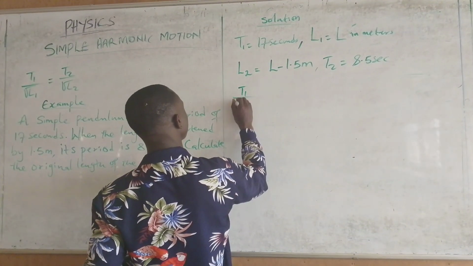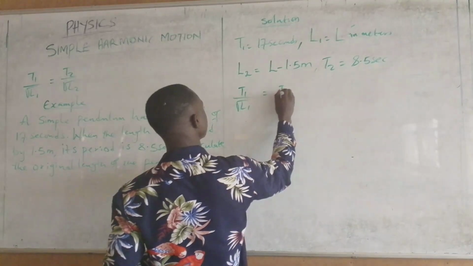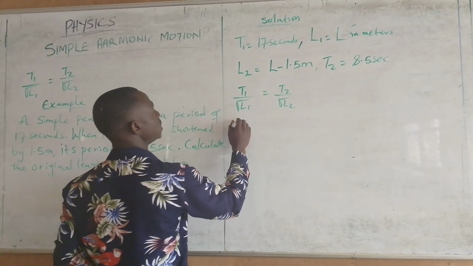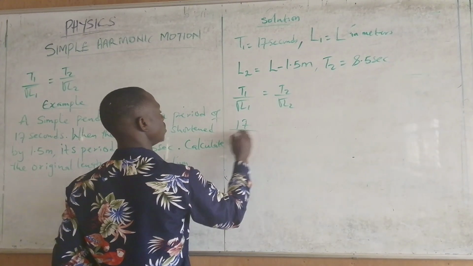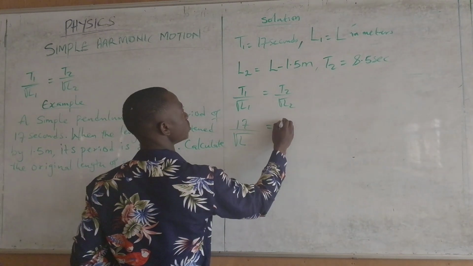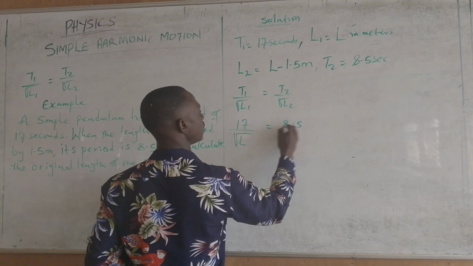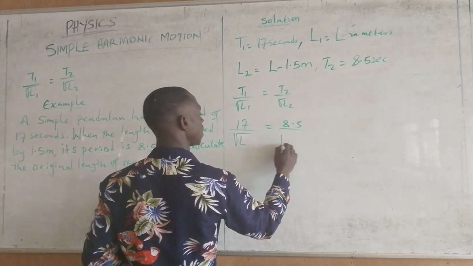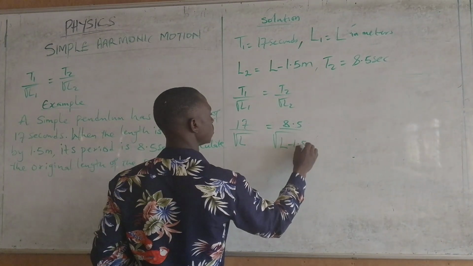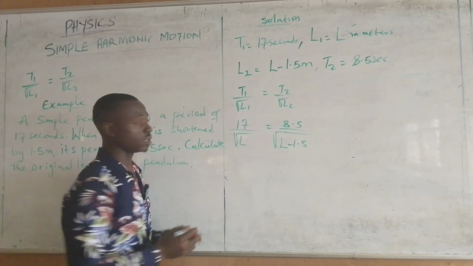So let's start. According to our formula, T1 over root L1 equals T2 over root L2. What's T1? 17. What's L1? Ordinary L. What's T2? 8.5. And L2 is L minus 1.5.